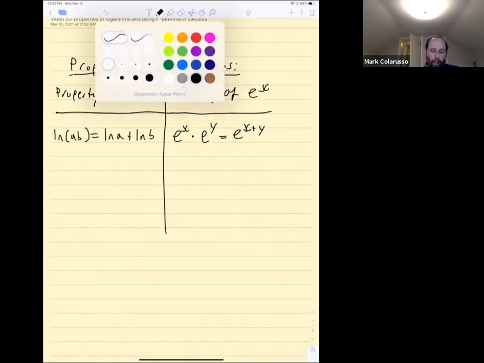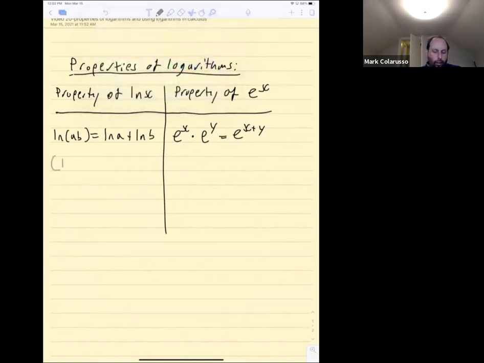And so you could kind of imagine the logarithm of e to the x times e to the y. So if a is e to the x and b is e to the y, well, this would be the logarithm of e to the x plus y.